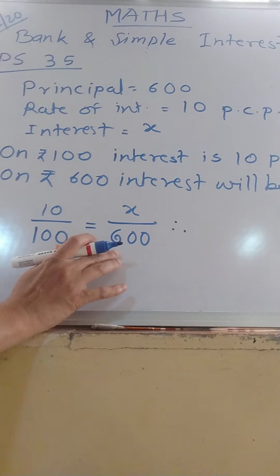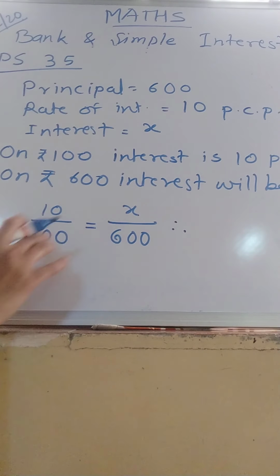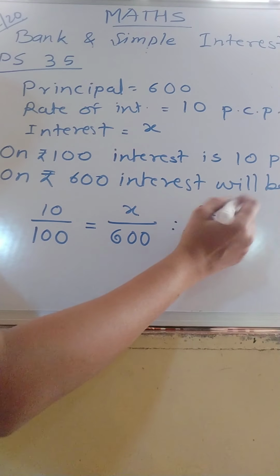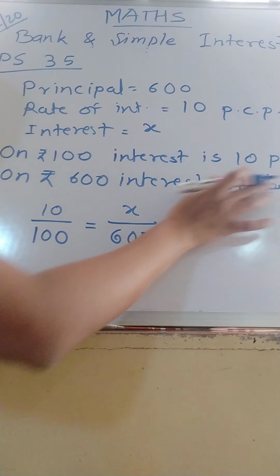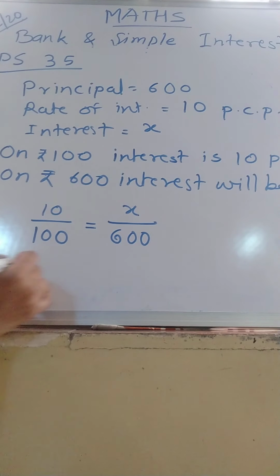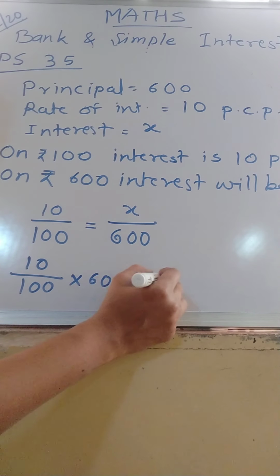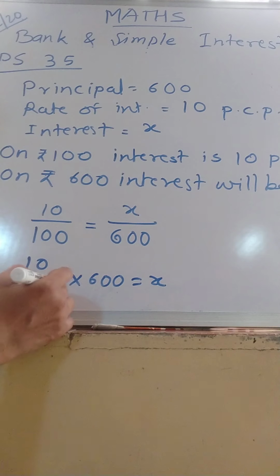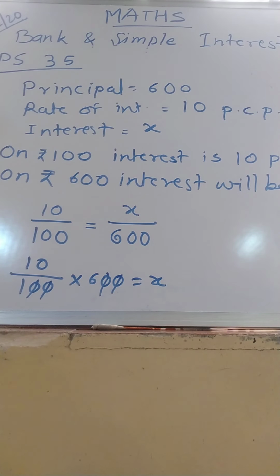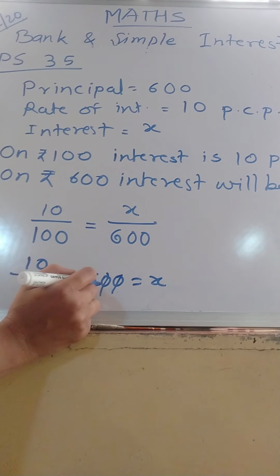Okay, so now we are removing this 600 from here. For that we are multiplying 600 on both sides. So 10 upon 100 multiplied by 600 is equal to X, right? Now this 0 will cut, this 0 will cut. Now what is remaining? Here 10 and here 6.